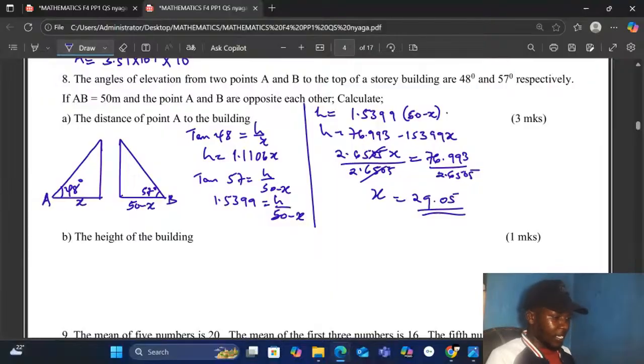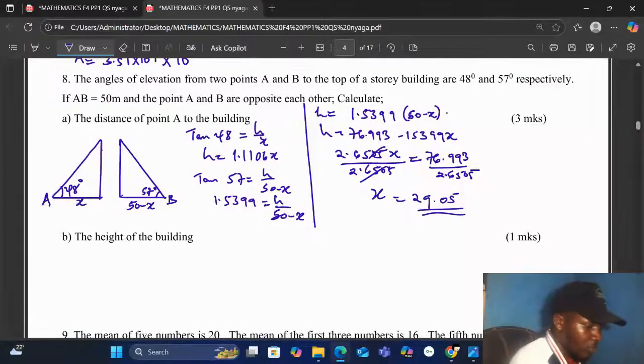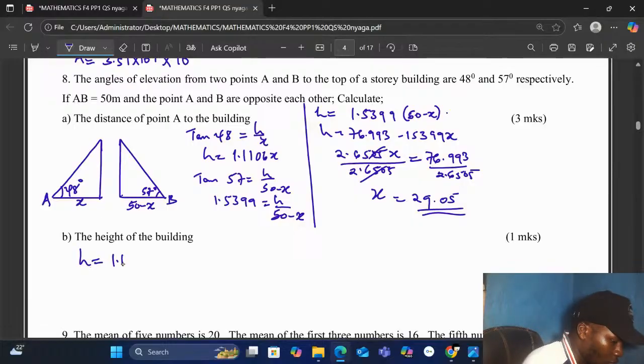X represents the distance of point A to the building. Then we calculate the height of the building. We know that h is equal to 1.1106 x, and now we have x as 29.05.